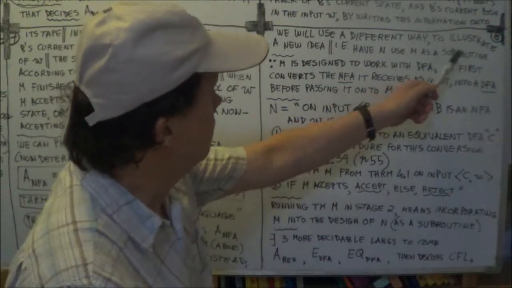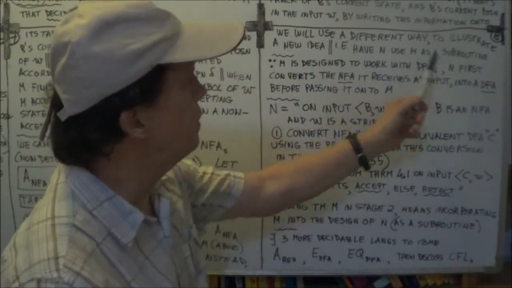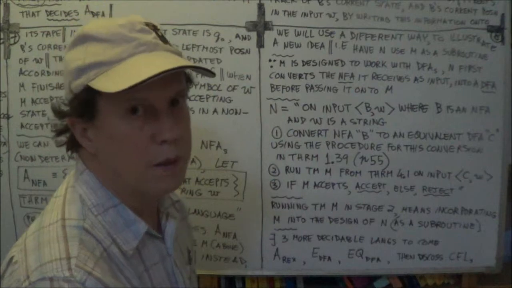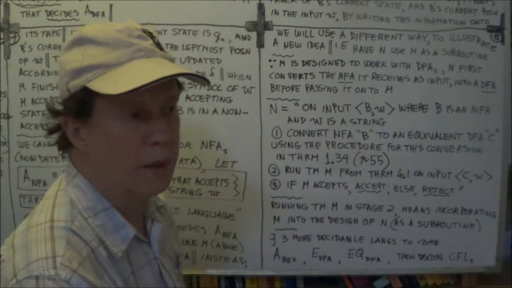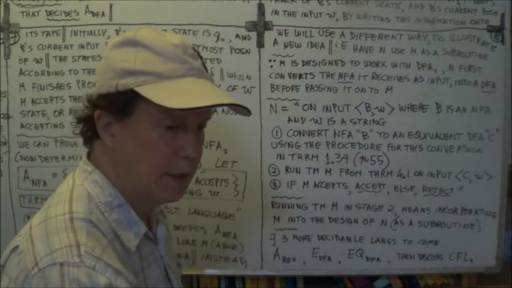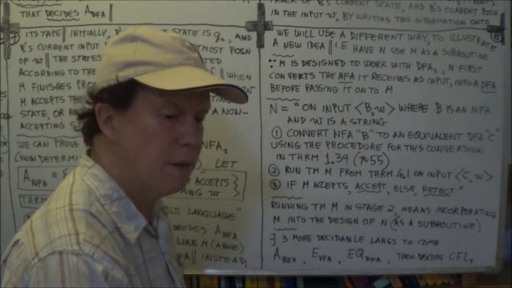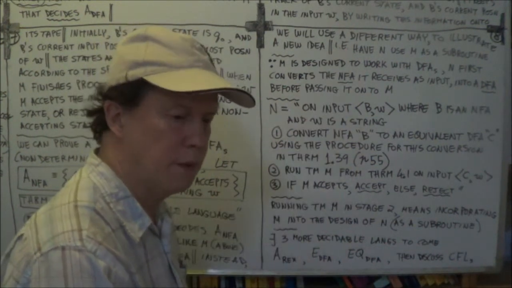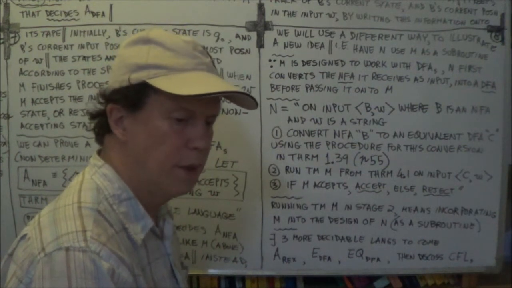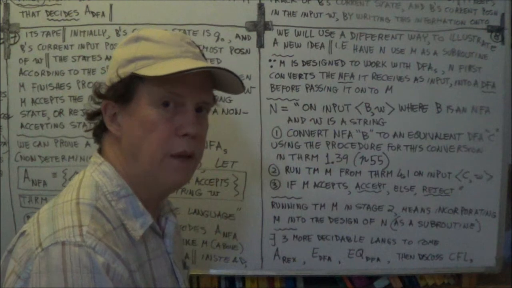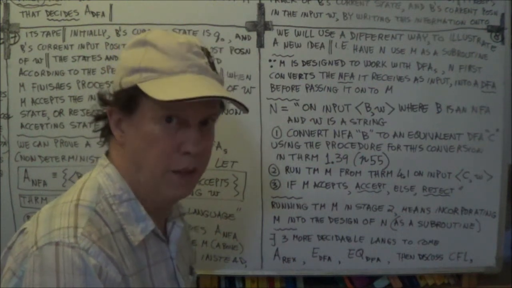That's what I'm just saying here. So we'll have N use M as a subroutine. But there's a problem, and that is that M, the previous session's machine, accepts as input a machine B that is a DFA, not an NFA.